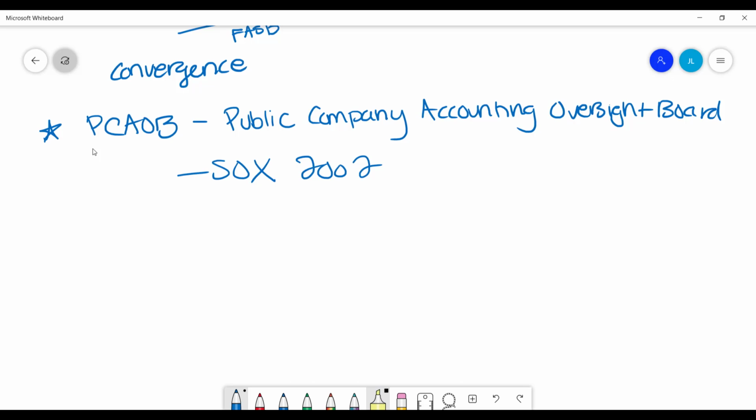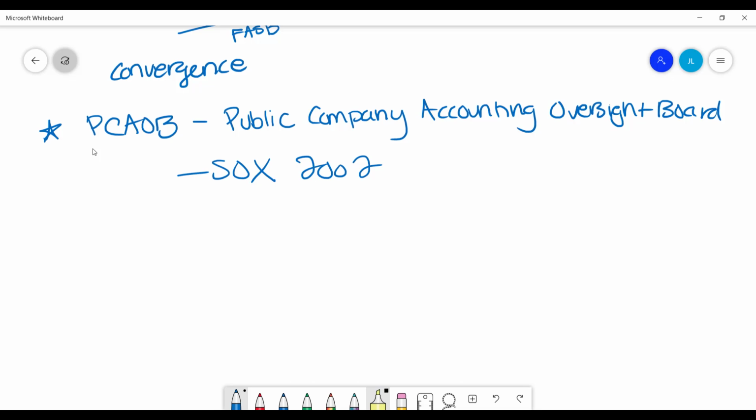Okay, it is the group that sets auditing standards for when those public companies are audited by CPA firms. This group is the one that actually sets those auditing standards, and they also inspect the quality of audits and see whether or not these companies are in compliance. And they also conduct investigations if they suspect that there is lack of compliance with these audits, and they will also administer penalties as well.